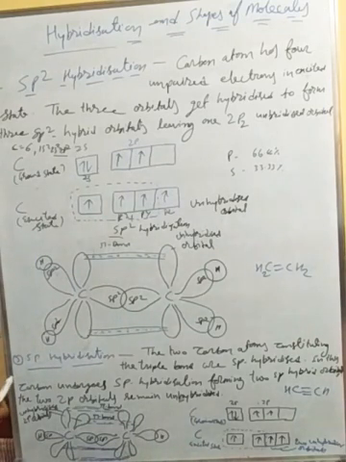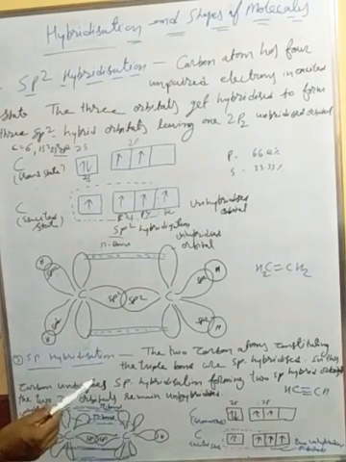Now next is sp hybridization. sp hybridization means the hybridization of one s orbital and one p orbital. The two carbon atoms constituting a triple bond are sp hybridized.